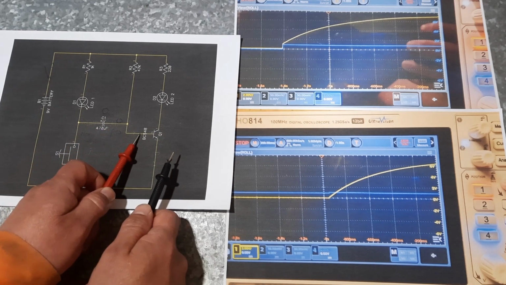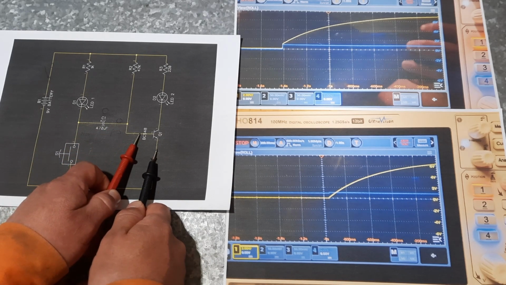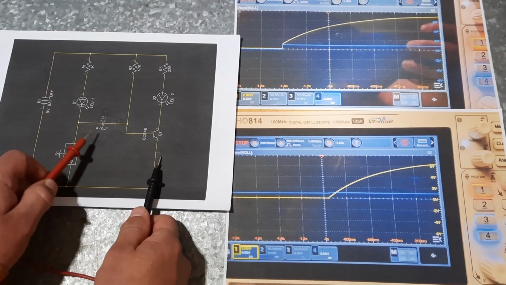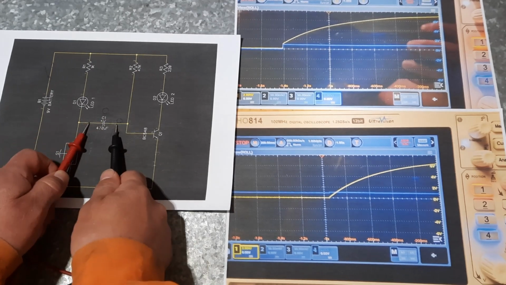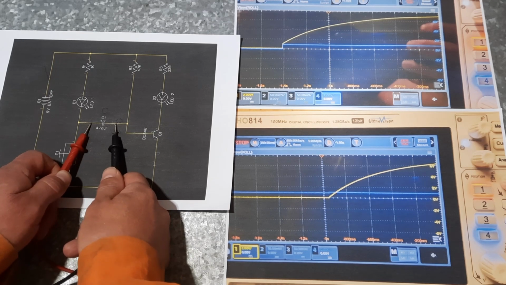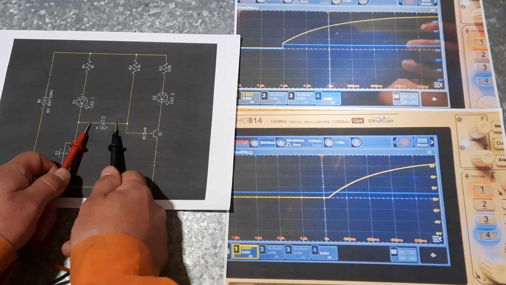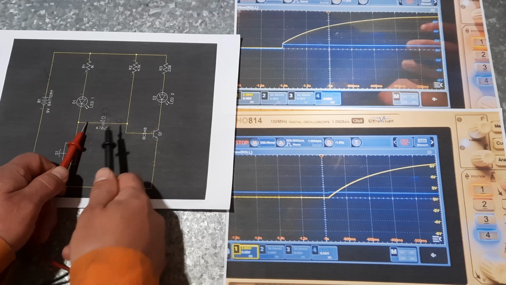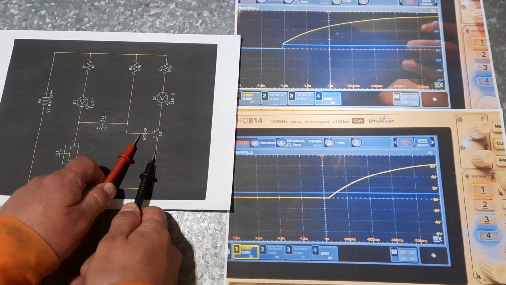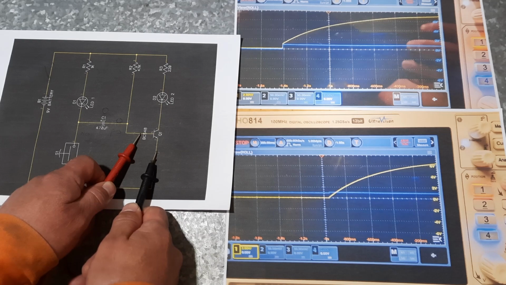And if we measure from here to here, this is while I'm pushing this button, and this is reverse charged. So we're measuring the reverse charge of this capacitor. If we measure from here to here, we're still getting the 0.7 or 0.8 positive volt drop.